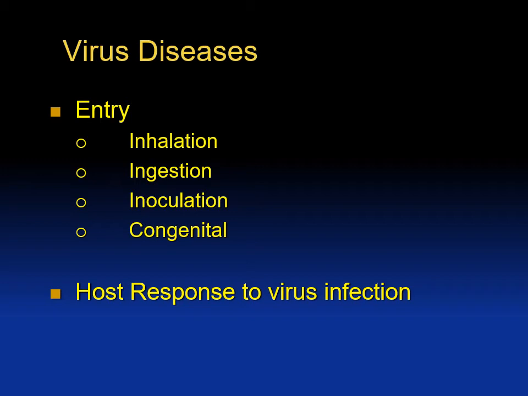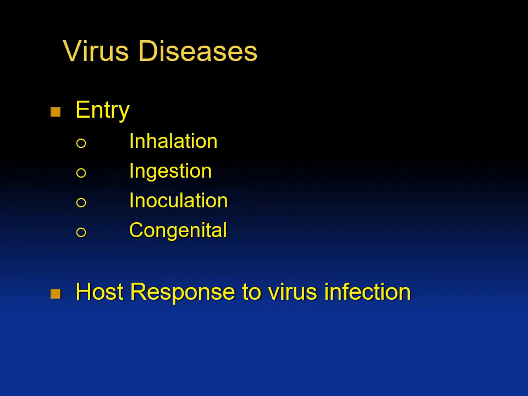Among them is the inhalation of the virus particle, meaning that the virus particle goes through the respiratory system, or by ingestion, meaning that you eat food which is contaminated or drink water which is contaminated, and this goes through the alimentary tract and further on to other parts of the body.